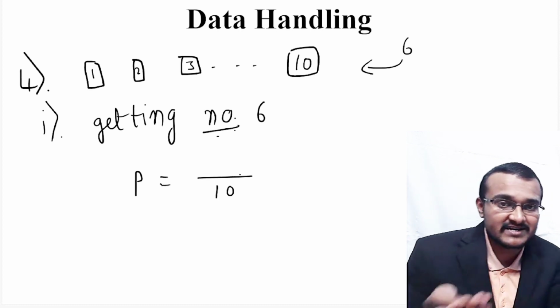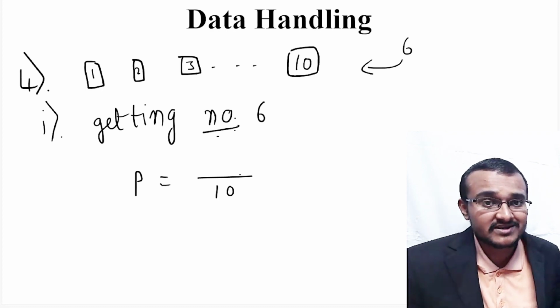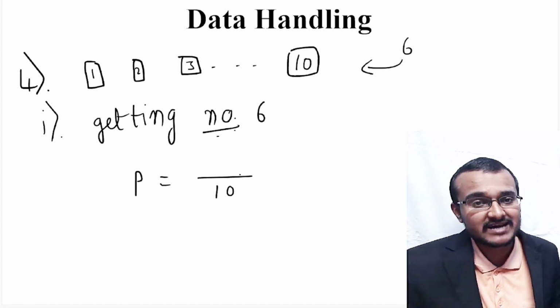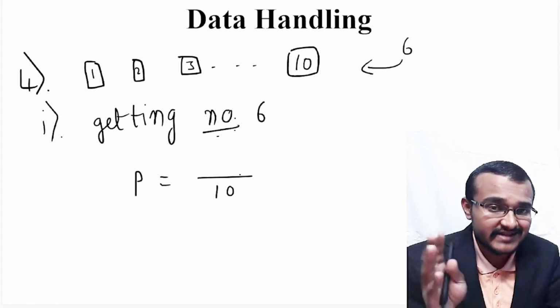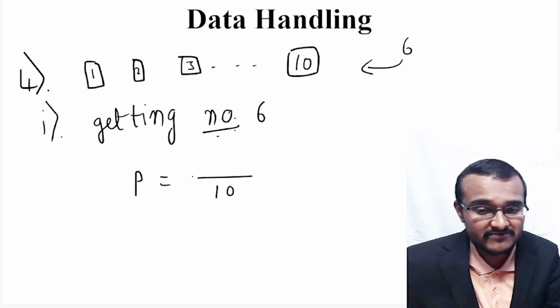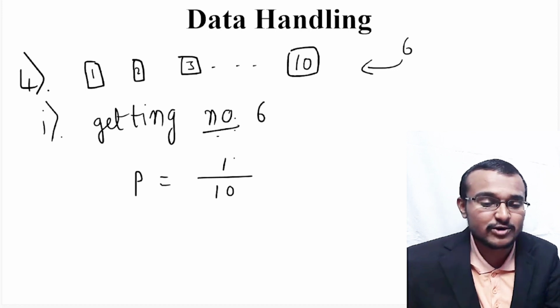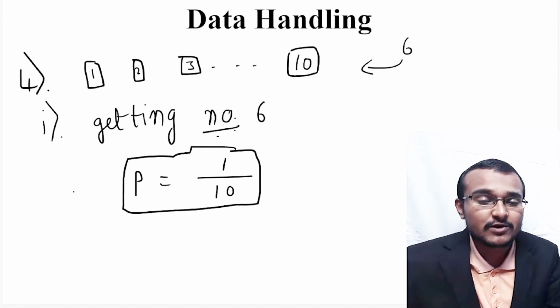Starting from 1 till 10, there are 10 different possible outcomes in this event. Only one paper piece has 6 on it, hence 1 will be in the numerator and 10 will be in the denominator. So the probability of getting only 6 will be 1 by 10.